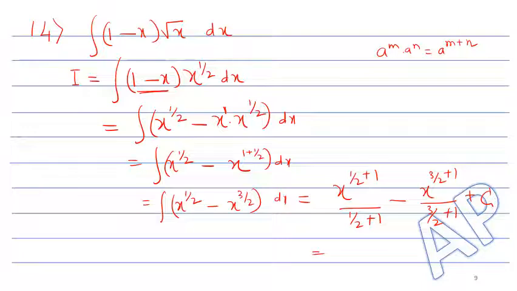Half plus 1 is 3 by 2. Since the denominator has 3 by 2, we can write it as 2 by 3 x to the power of 3 by 2 minus, here 3 by 2 plus 1 is 5 by 2, so 2 by 5 x to the power of 5 by 2, plus c. So this is the required answer.